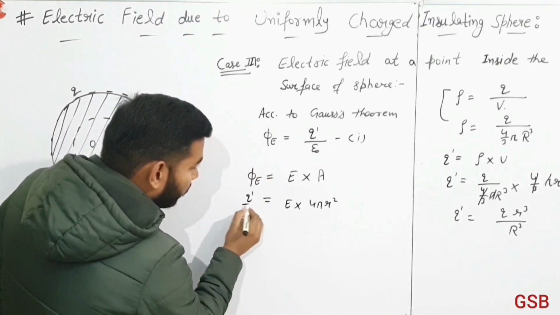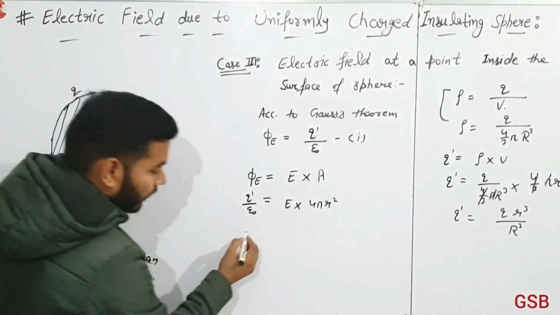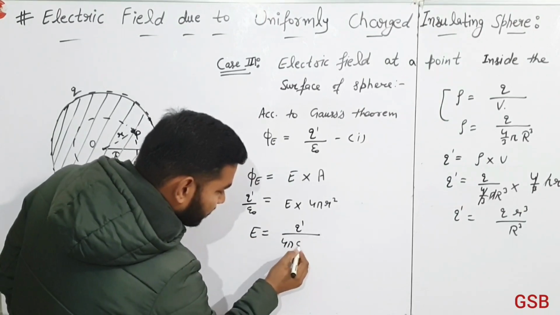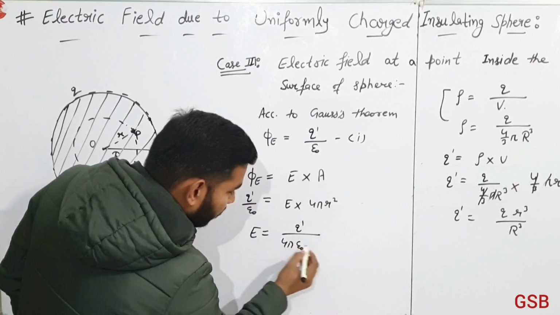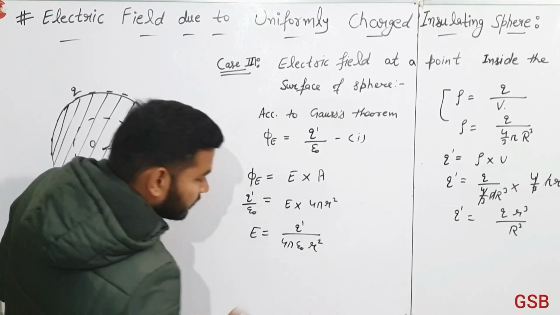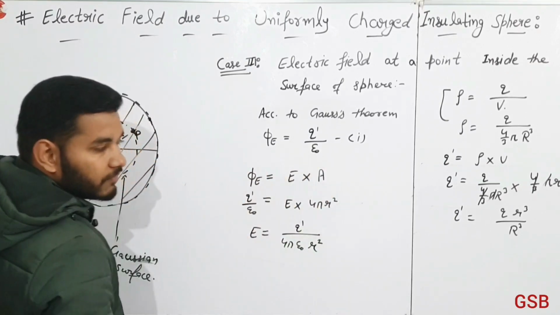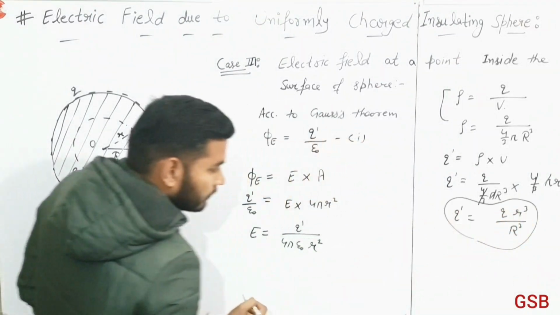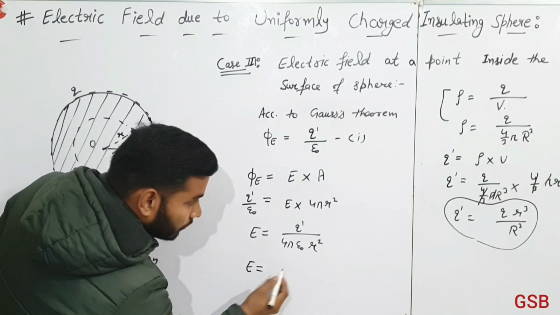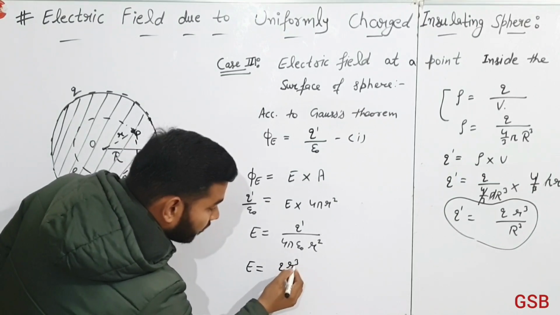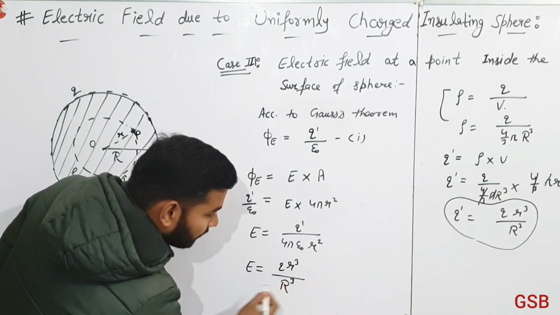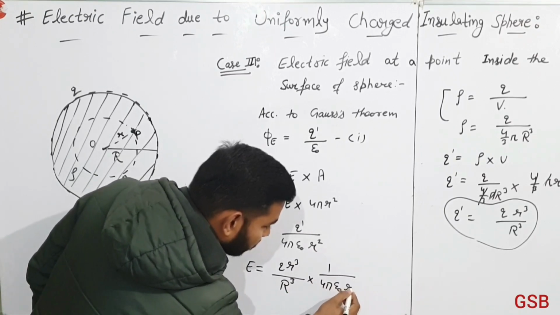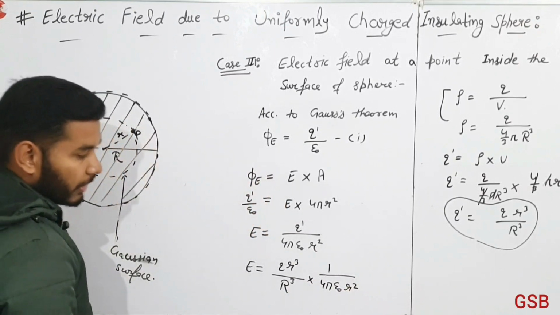Phi E is Q dash by epsilon naught, so the electric field is Q dash by 4 pi epsilon naught r square. Now put the value of Q dash from this relation. E is equal to Q r cube by capital R cube into 1 by 4 pi epsilon naught r square.